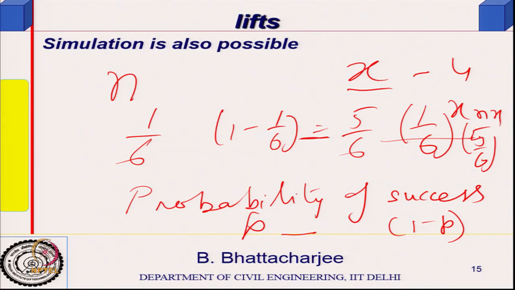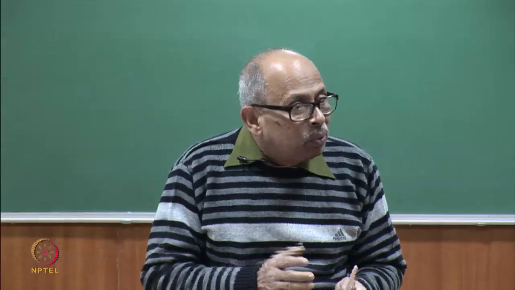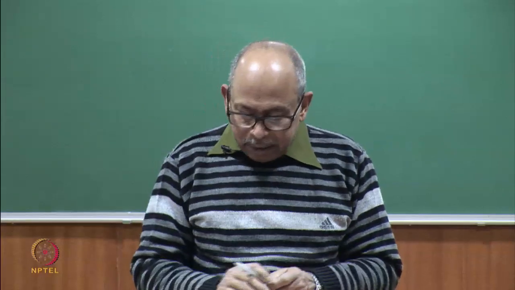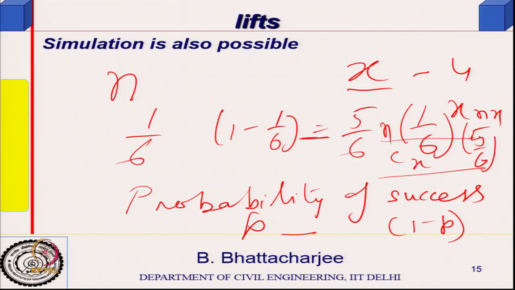But these x I can select in nCx ways. For example, the first x can be success and the next n minus x failure, or maybe the first one itself is a failure. So, this is the concept of binomial distribution.